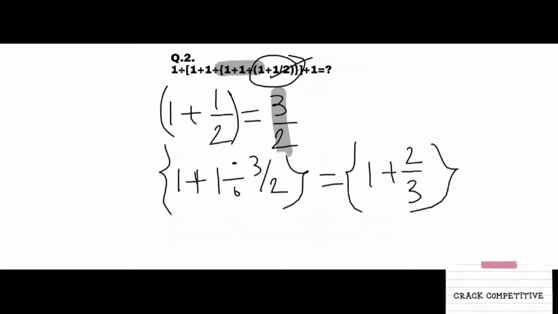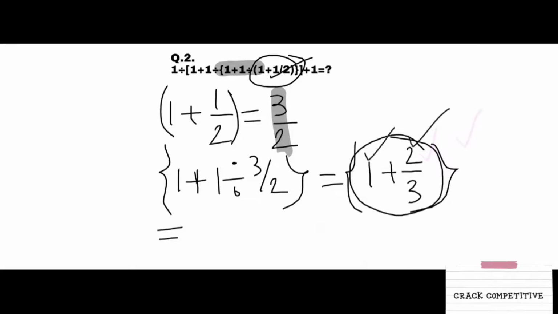Now I am showing a trick to calculate this kind of equation. How will you calculate 1 plus 2 by 3?